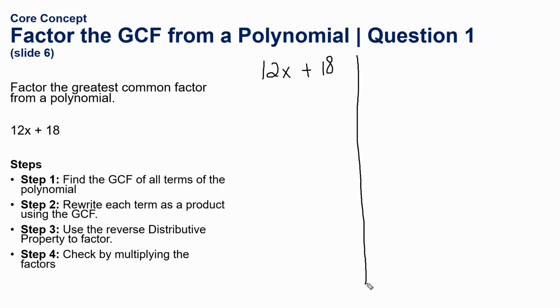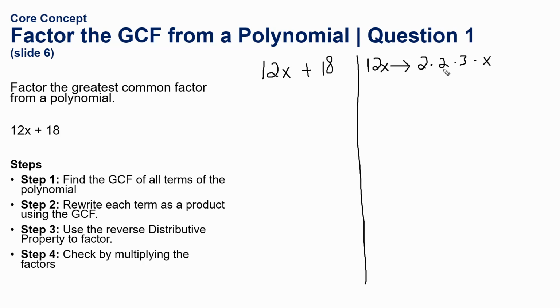So the first thing that we're going to do to find the greatest common factor, that I like to start with at least at the beginning, is to break this down into its prime number factor form. So 12x can be factored down into 2 times 2 times 3, that's the 12, and then it has the x term left over, so expanding it out with the x term as well.